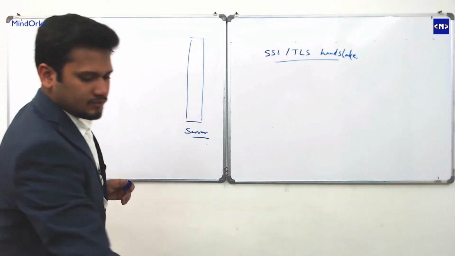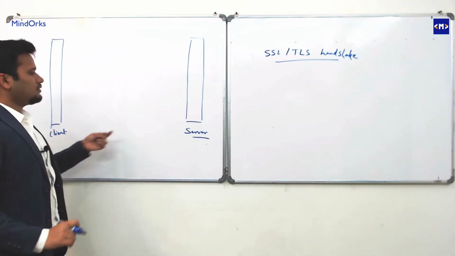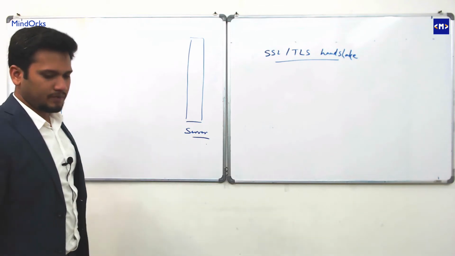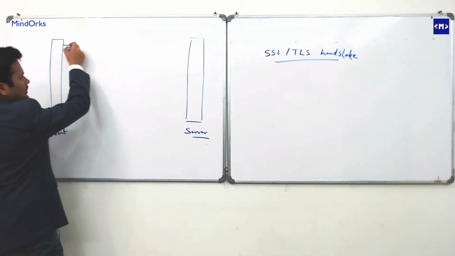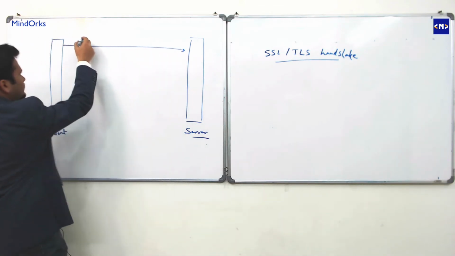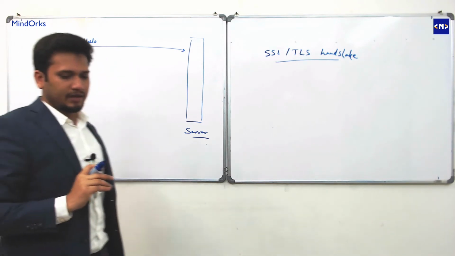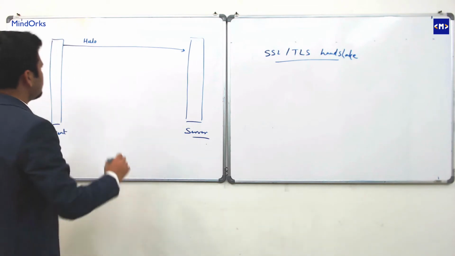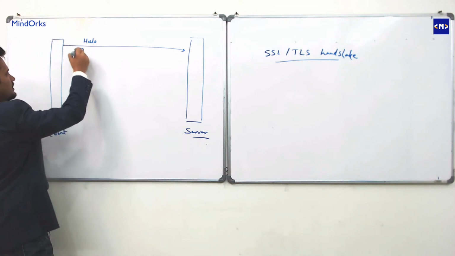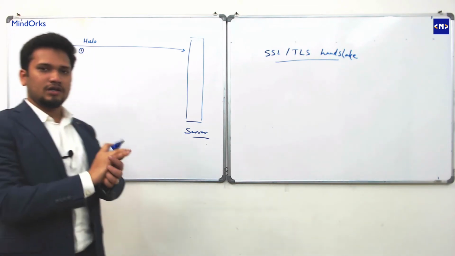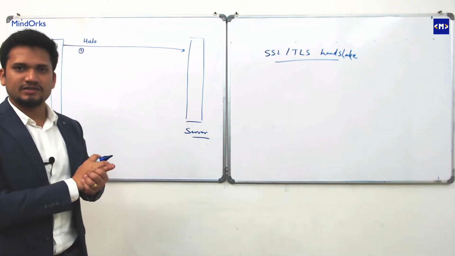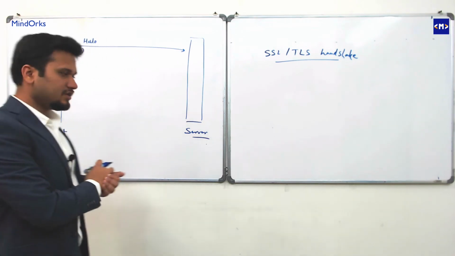When the client wants to communicate with the server, it will first say hello. In this hello, the first thing it will do is send the list of SSL versions and TLS versions it supports.